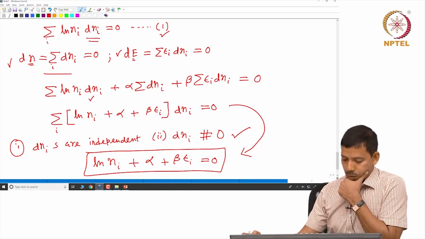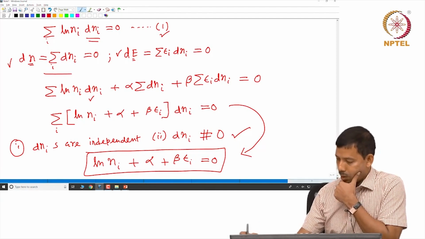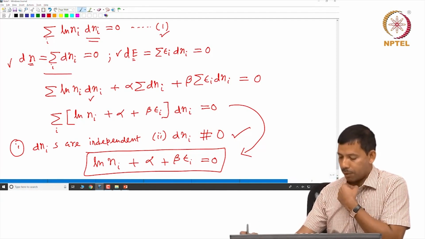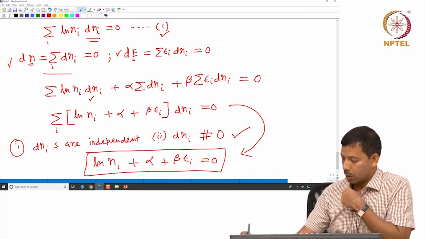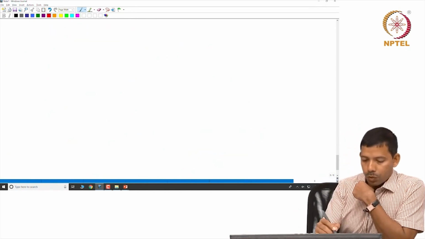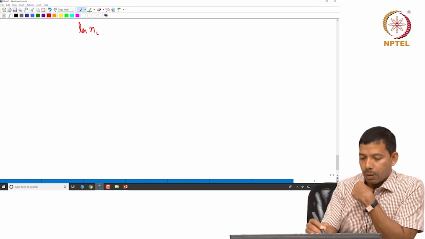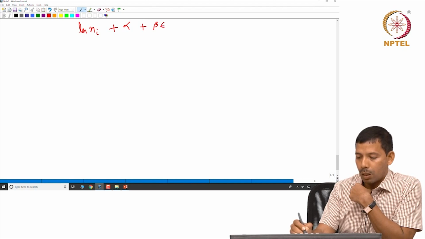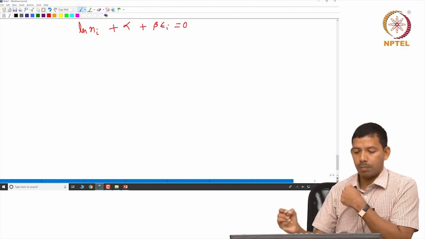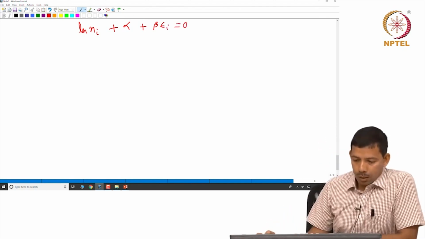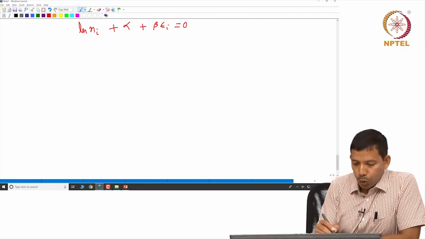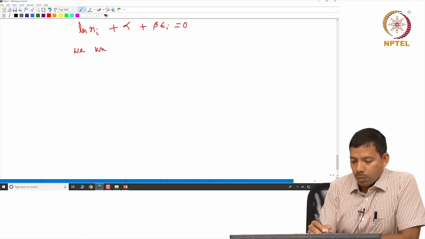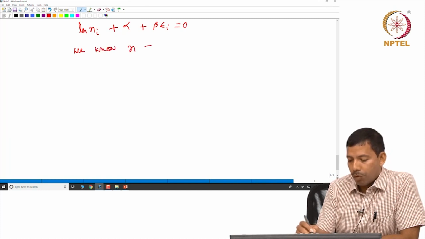So we go to the next page. We write ln ni plus alpha plus beta epsilon i is equal to 0. Now we know that n is sum over ni.